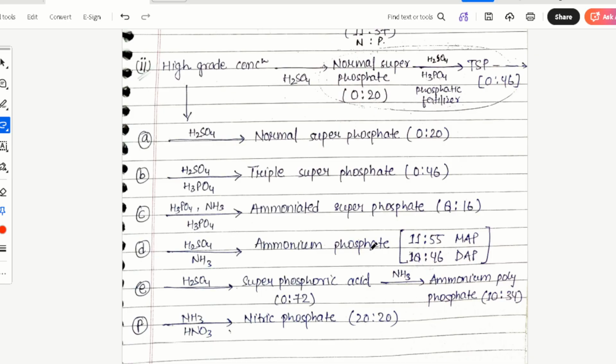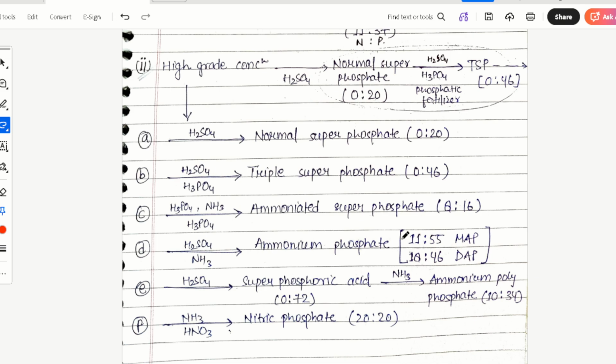Then if we react with H2SO4 and NH3, it will produce ammonium phosphate: monoammonium phosphate and diammonium phosphate. In monoammonium phosphate there is 11% nitrogen and 55% phosphorus, and in diammonium phosphate there is 18% nitrogen, 46% phosphorus, and 0% potash.